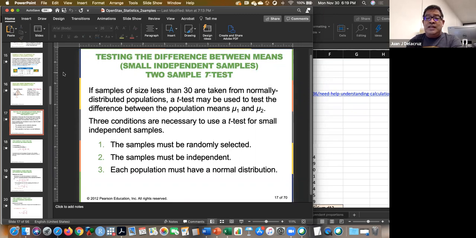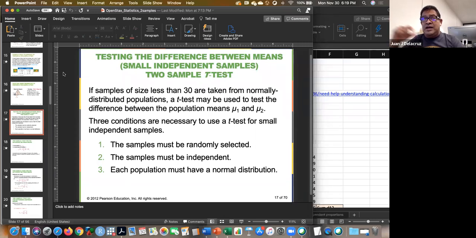So we need to know that these samples are coming from a normally distributed population. When we have sigma, or when we have more than 30 elements in our sample, we are going to be able to use the normal distribution to test for the difference between two means. So in this second part, we are going to assume the same thing.